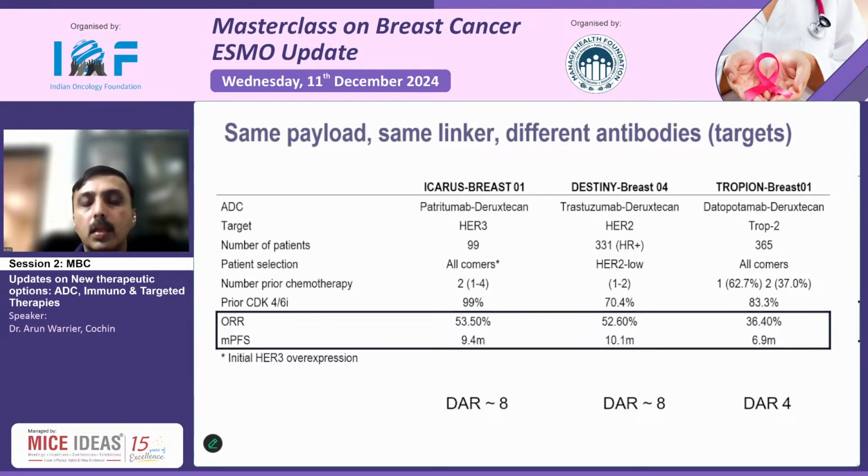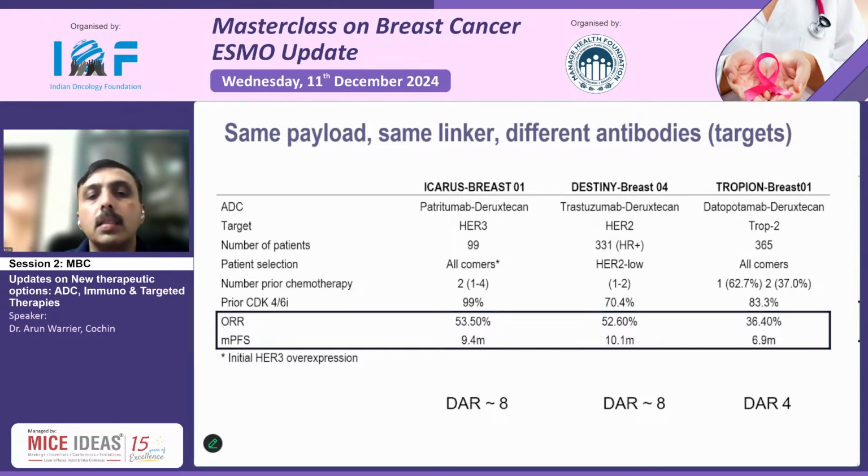Here I would like to introduce the concept of drug antibody ratio, which is very important in ADCs. If the drug concentration is higher, the DAR will be high, but then it can impair the pharmacokinetic properties of the drug, making it not very good to use from a pharmacokinetic point of view. If the DAR is high, then the potency will be low. The studies tell us that a DAR of around 2 to 4 is ideal.